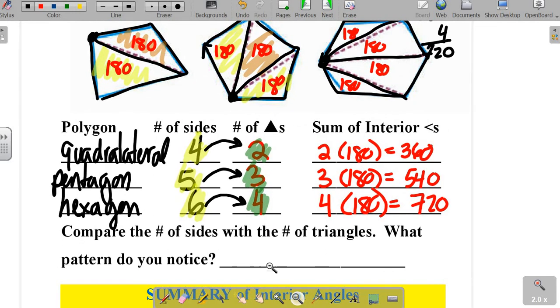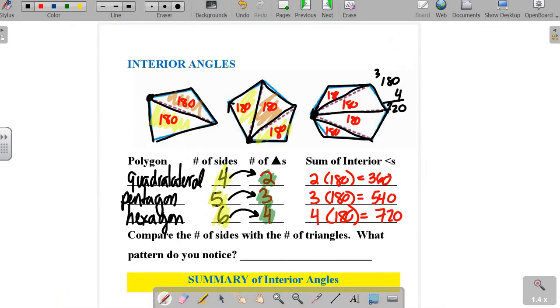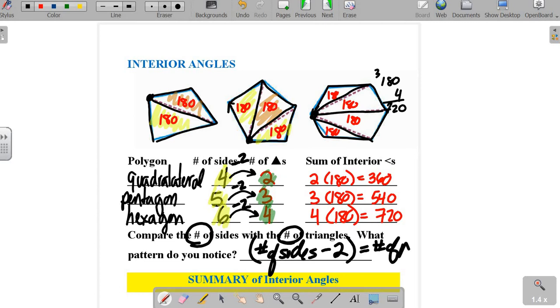So what you should notice here is that all of these are minus 2. So comparing the number of sides to the number of triangles, the number of sides minus 2 gives you the number of triangles.